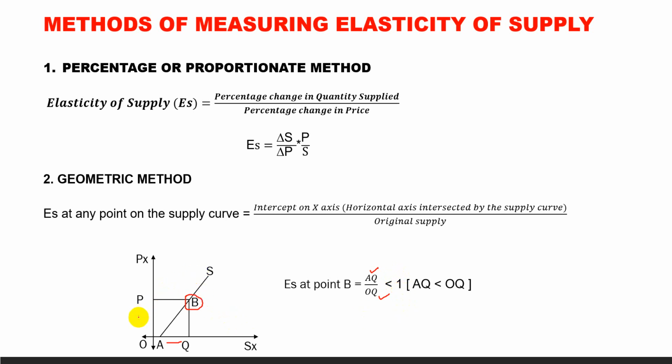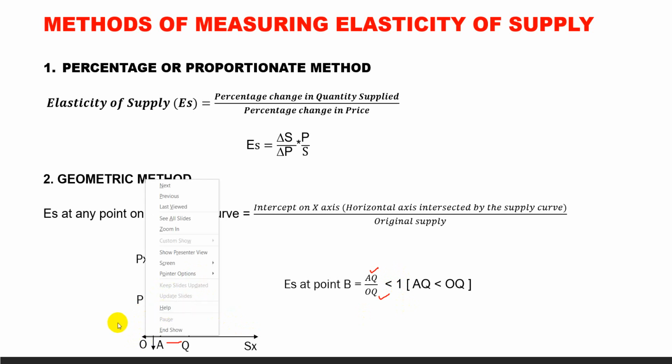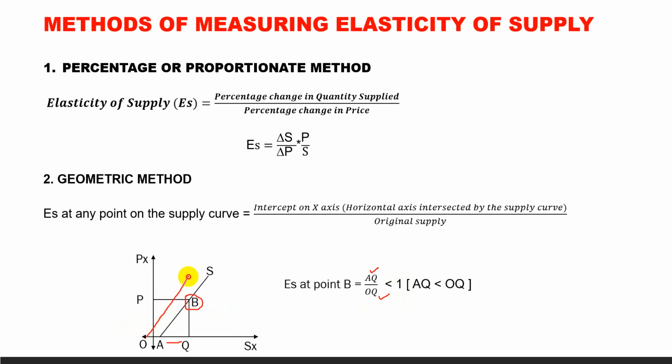Similarly, we can prove it for any other supply curve. Suppose this point is D, then at this point, DQ by OQ will be greater than 1.